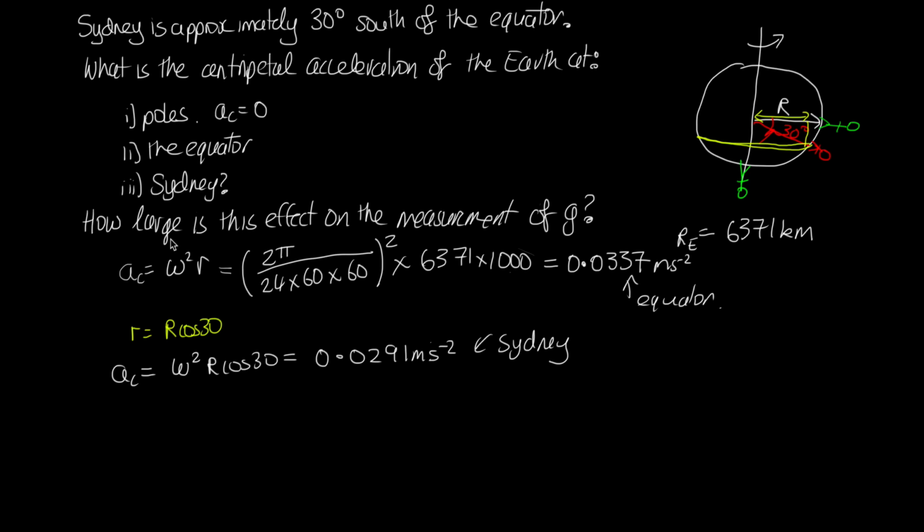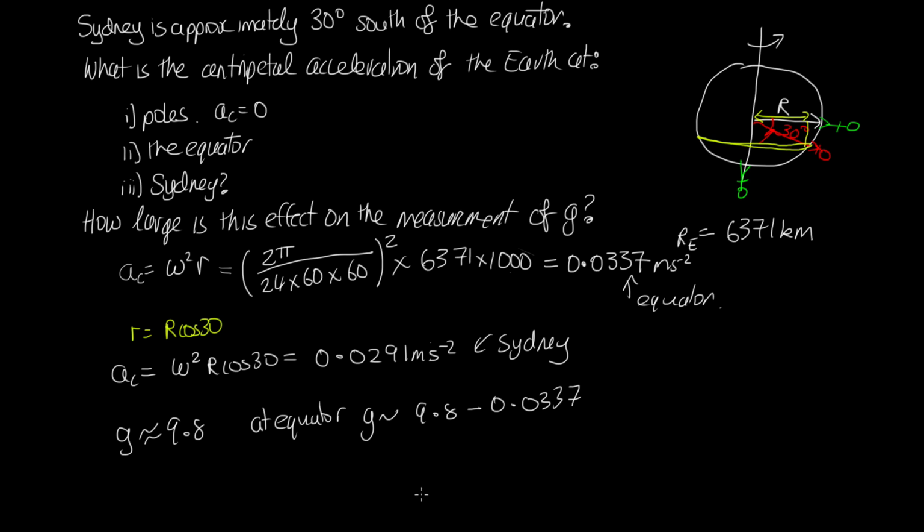Then it asks, how large is this effect on the measurement of g? We know that g is roughly 9.8. At the pole, we would measure g equal to 9.8. At the equator, we've already discussed how the Earth's rotation reduces g, so g would be around about 9.8 minus 0.0337.